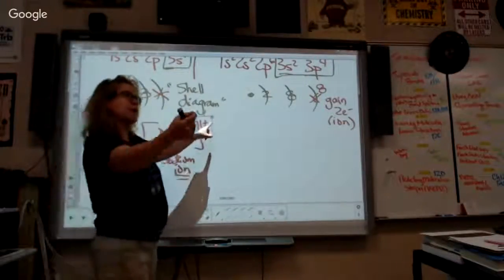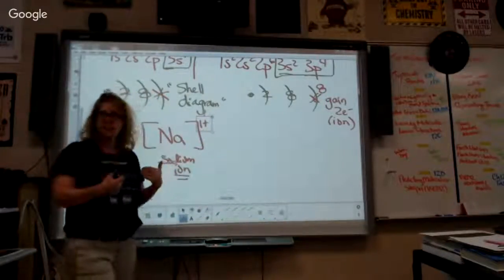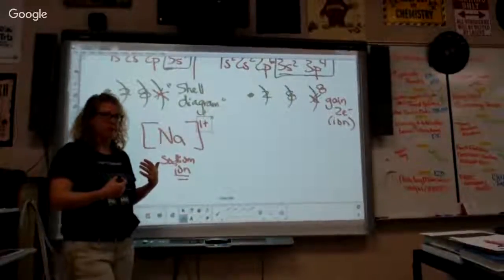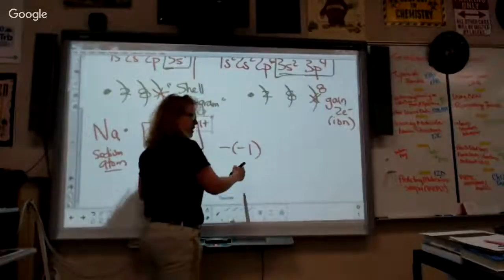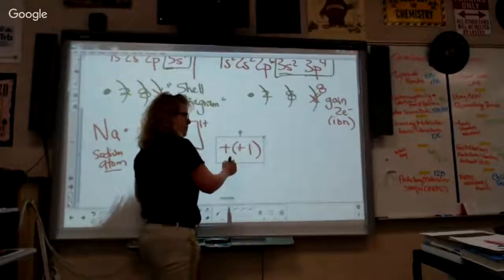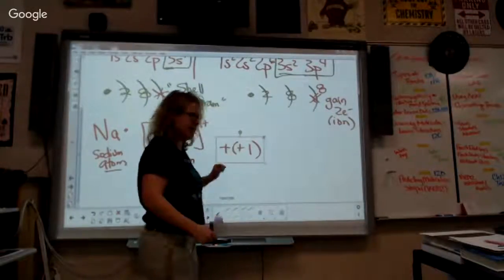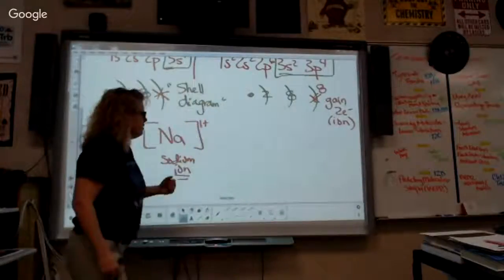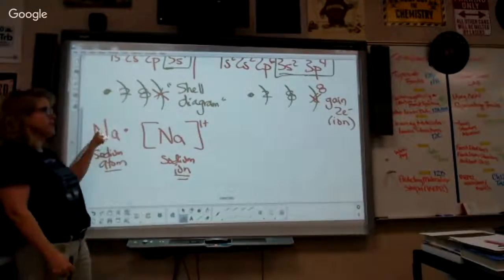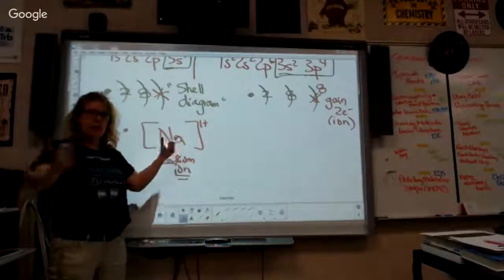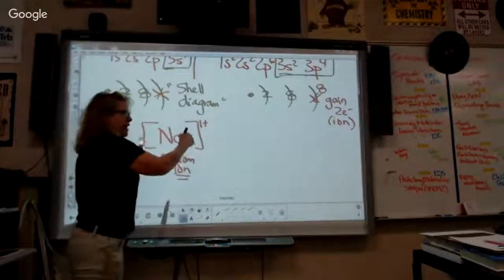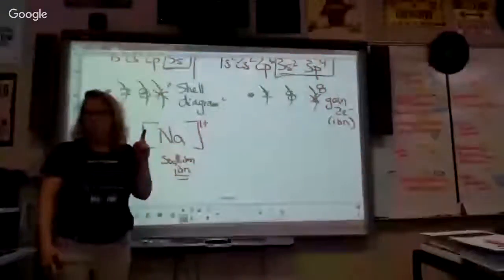When you give away something negative, you become positive. Kind of a metaphor for that. It's like giving away an electron, right? You guys know math, that becomes that, right? When you do the double negative kind of thing, it's weird how this works. So sodium atom has the one dot to it. Sodium ion does not have any dots because they've already been given out. But we represent it with a square bracket to say, hey, this is an ion. This isn't its original form.